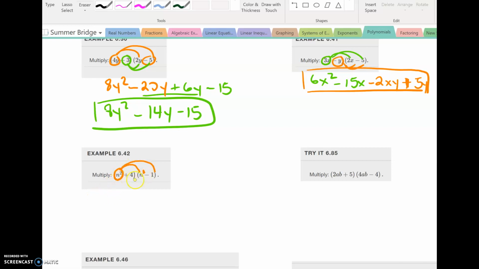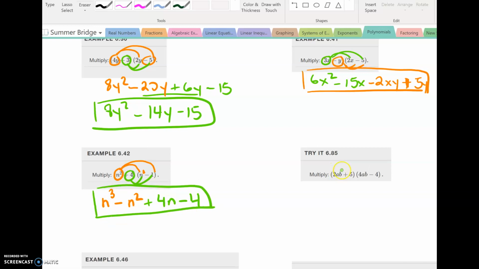So n squared times n is going to be n cubed. All right, minus n squared. And then we take the 4 and we multiply that out with this second set of parentheses again, plus 4n minus 4. Can I combine anything here? No, we cannot. So we leave it.